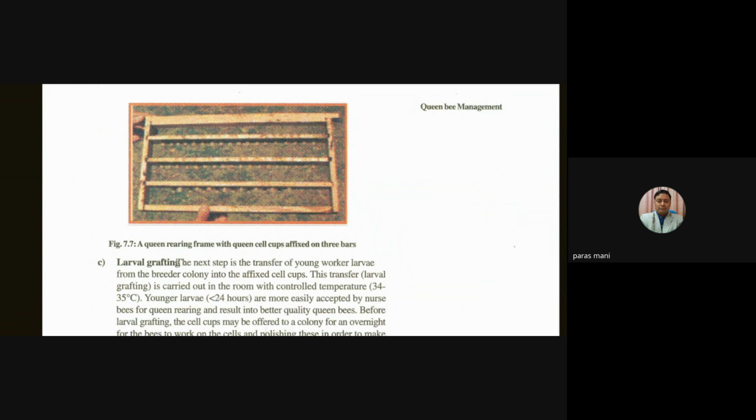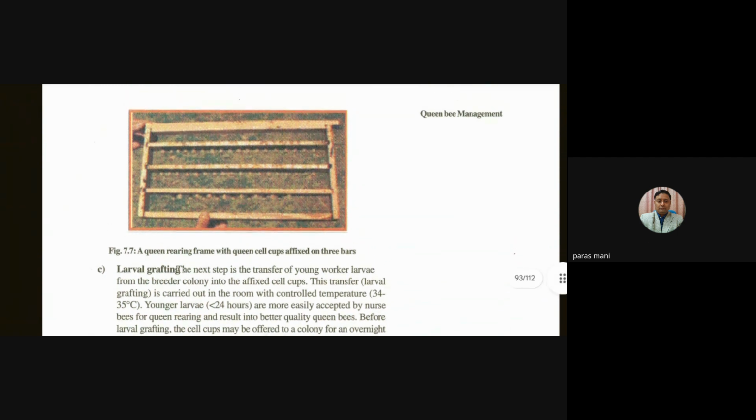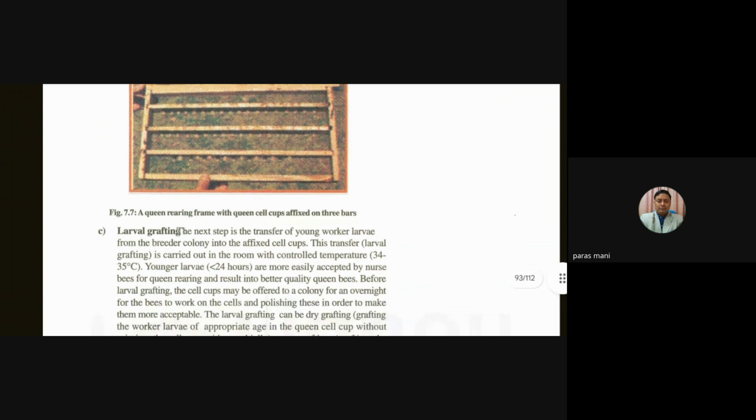These queen cup cells are actually inverted, but due to certain properties, the larva and royal jelly will be attached to the base of the queen cup cell using honey syrup.